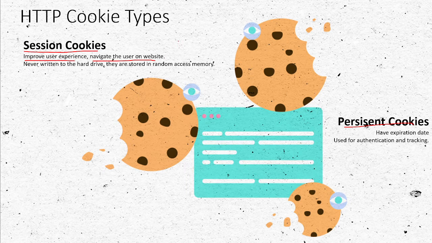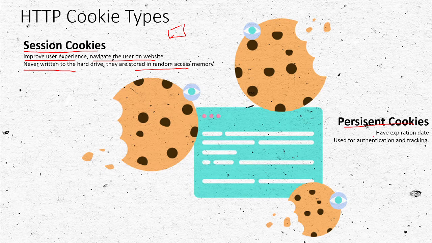As I said before, when you click this button, then where you click. These cookies especially focus on this and are never written to the hard drive. Session cookies are never written to the hard drive. They are stored in random access memory. When your session is expired, this cookie is gone.